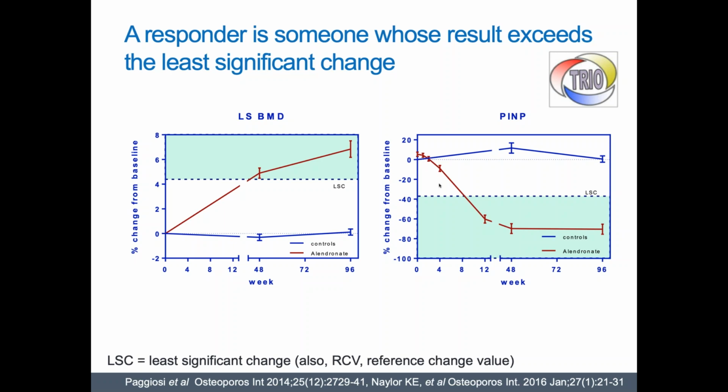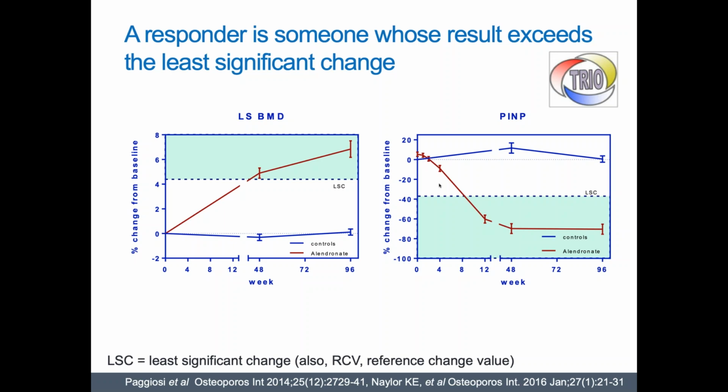I'm showing the results here of lumbar spine bone density over a 2-year period, where you can see that in the control group, the blue line, there was no change in bone density. Whereas in the red line, you can see the increase in spine BMD of about 6% or so over the 96-week period.